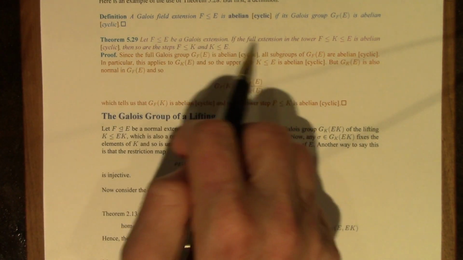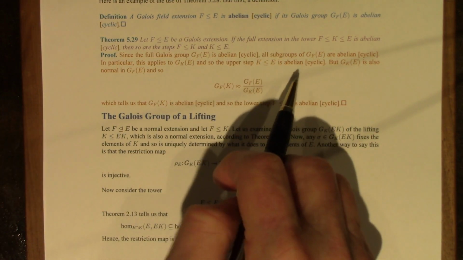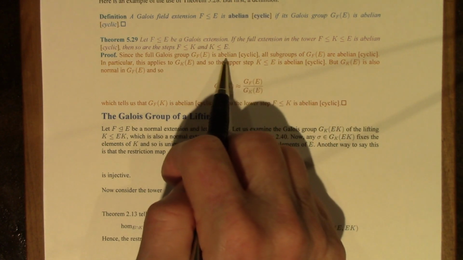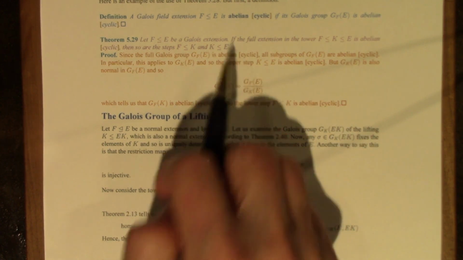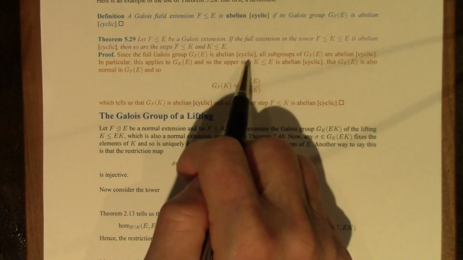So this is really two theorems, one about abelianness and one about, how does one say, cyclicness. But rather than repeat this all twice, I just did it this way. And so we're either talking about abelian or cyclic.